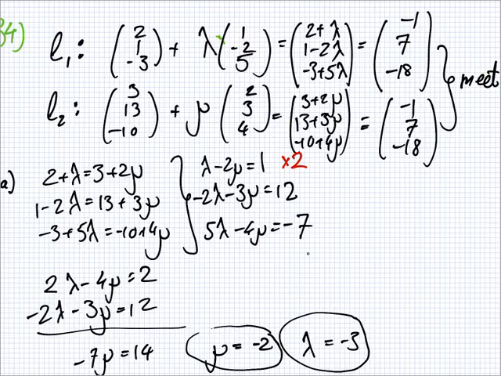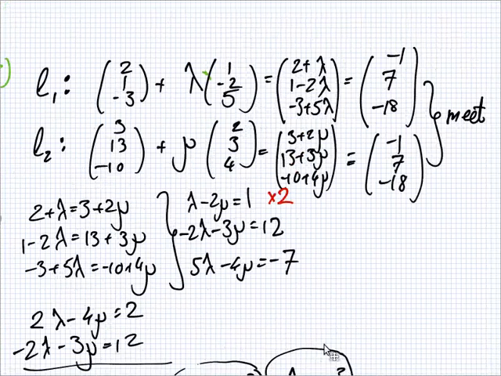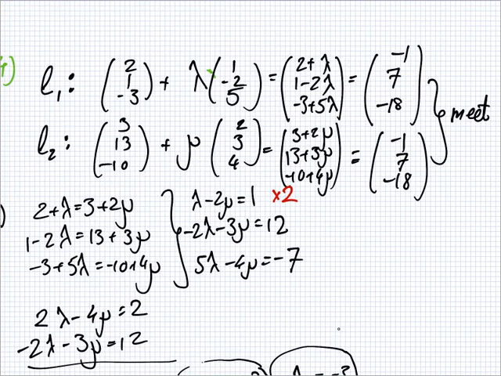Now, do you remember the B part is to find the angle between the lines. So, which vectors do I use to find the angle between L1 and L2? For L1, which one would it be?